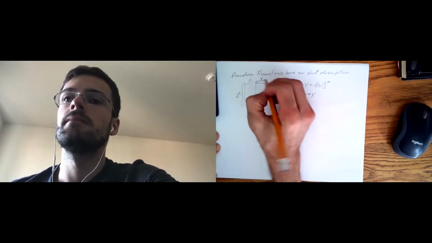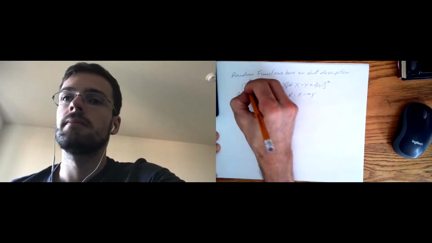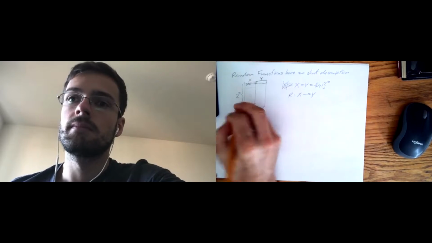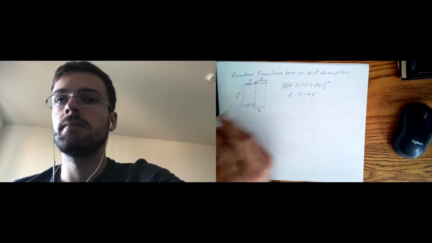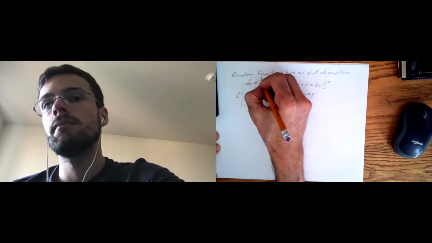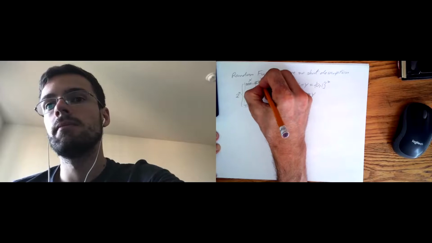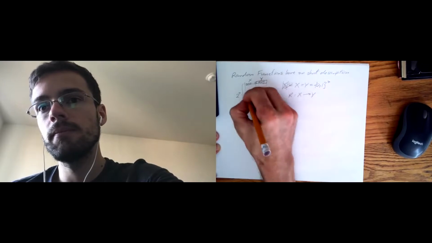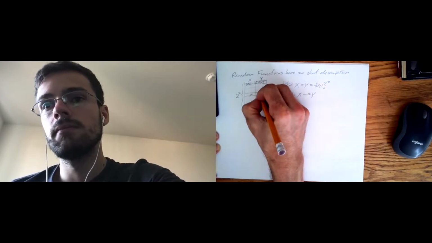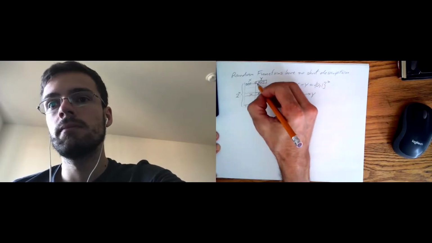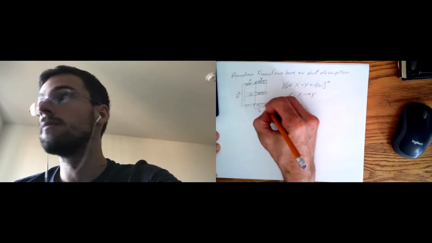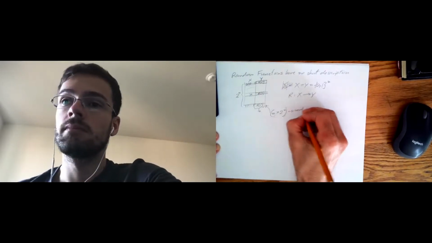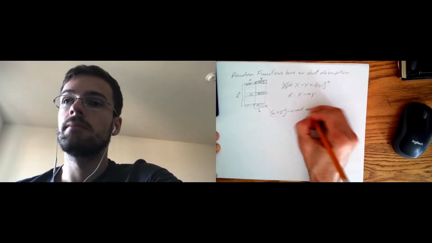I start with all 0s and end with all 1s, with all 2 to the n possibilities in between. This is r at all 0, and this is r at 1^n. Here I have some x, and here I have r of x. This is basically an n by 2 to the n sized random table of random bits.